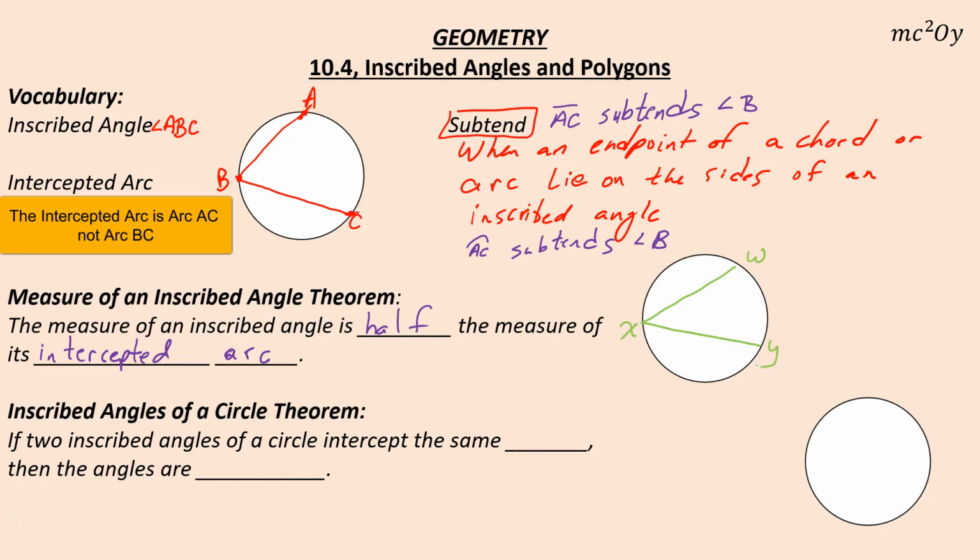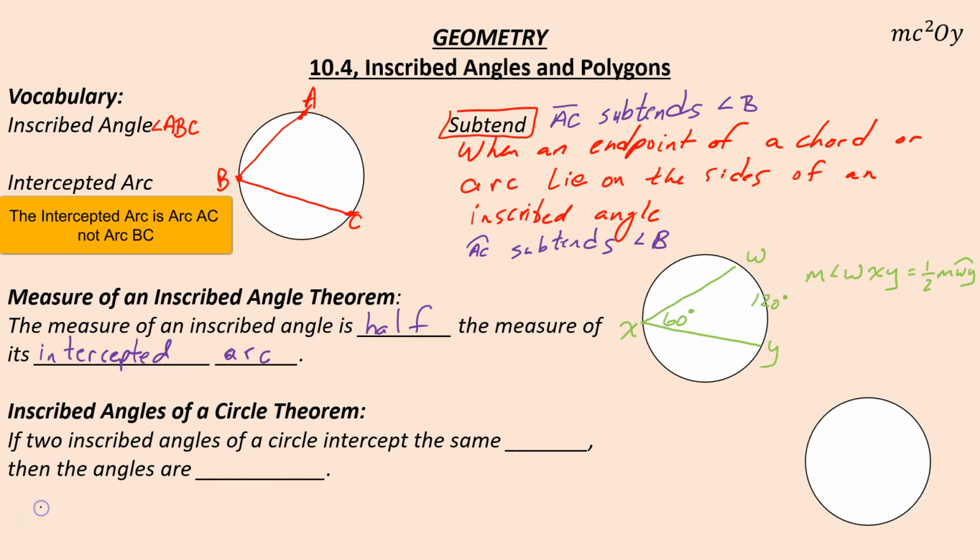The measure of angle WXY is going to be 1/2 of the measure of arc WY. So for instance, if this arc WY was, say, 120 degrees, the measure of angle WXY would be half of that, or 60 degrees. Okay?